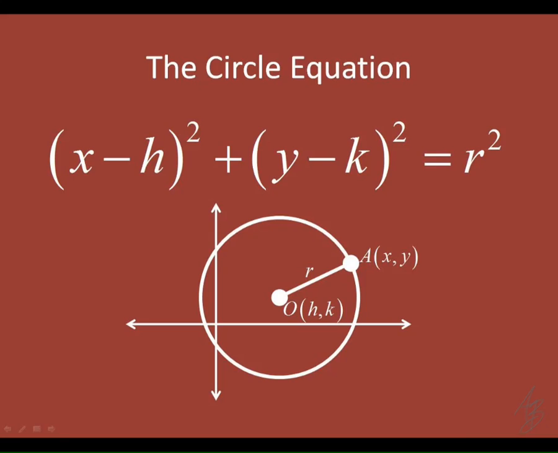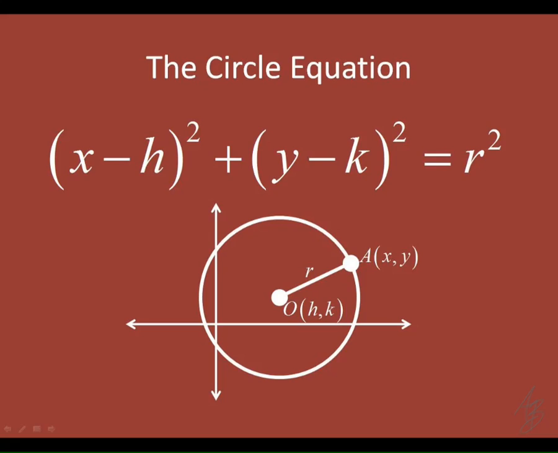So this h and k here, those are the coordinates of the center of the circle. The x and the y, just like the x and the y in the slope-intercept form of a line, represent any point on the line. The x and the y here represent any point on the circle. And then the r, in this case, represents the radius of the circle.